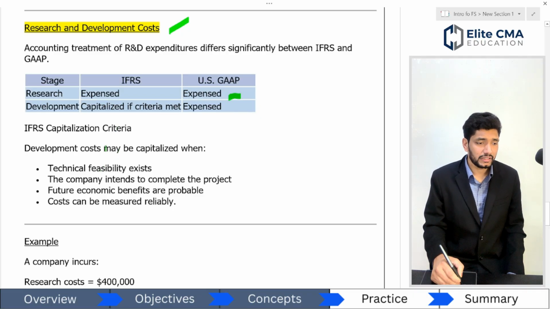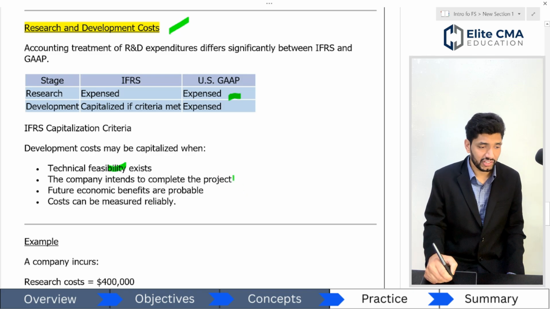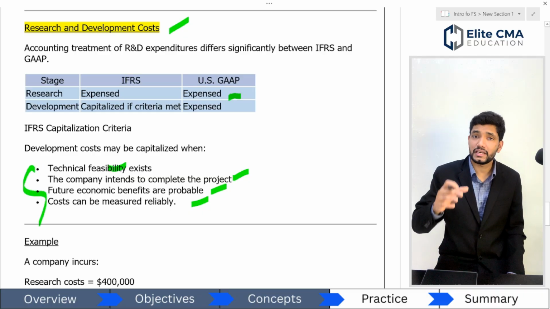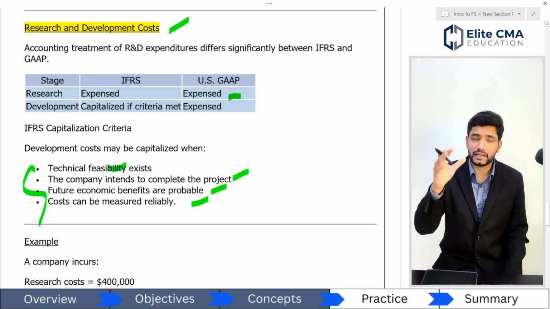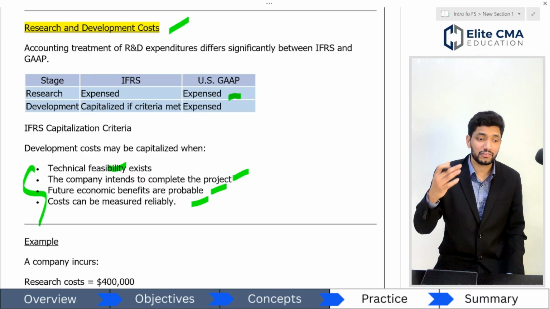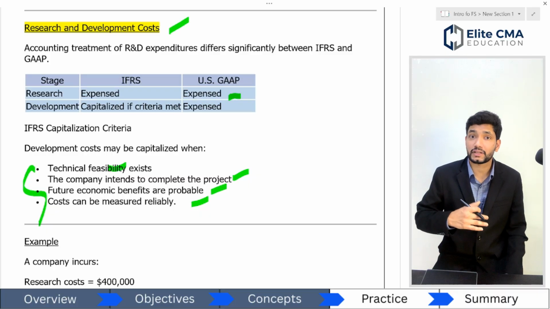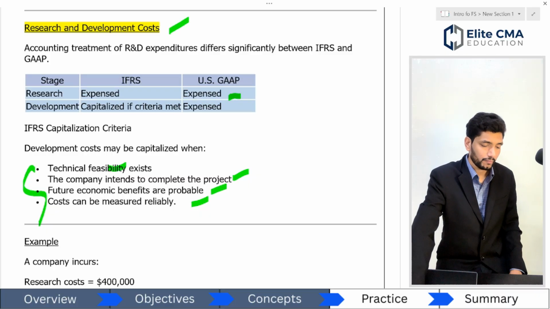In IFRS, development costs may be capitalized when technical feasibility exists, the company intends to complete the project, future economic benefits are probable, and cost can be measured reliably. If these conditions are met, the development cost can be capitalized. But in US GAAP, it has to be expensed. There is no scope for capitalization in US GAAP.